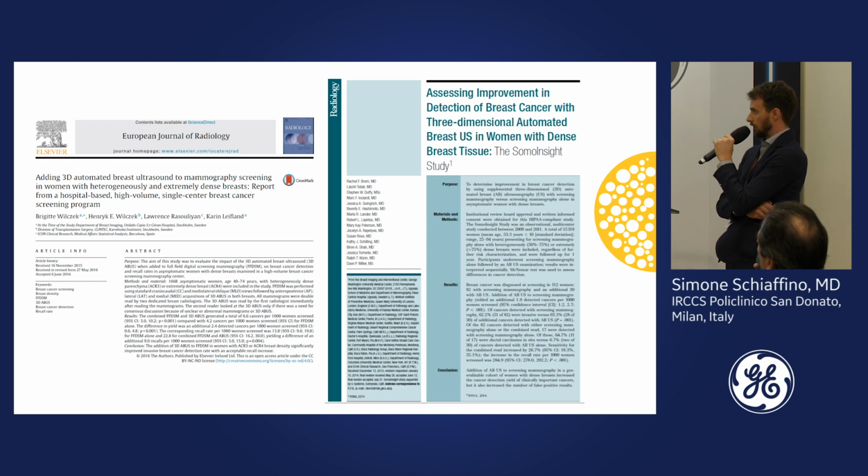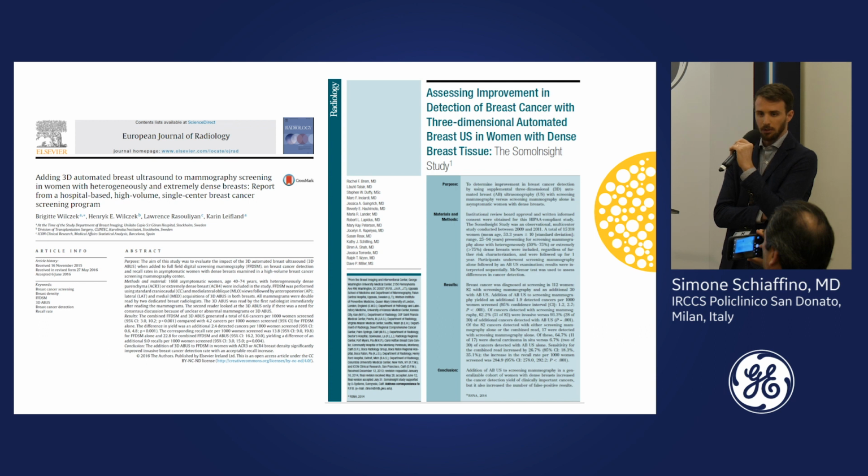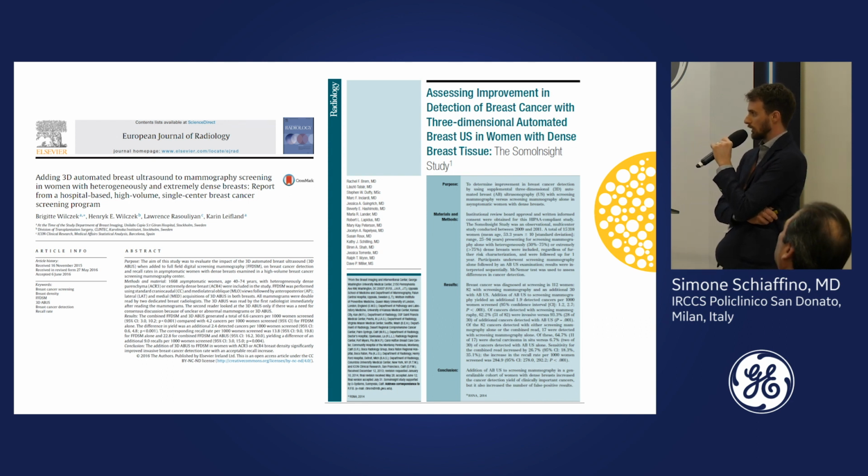They found an additional detected breast cancer rate of 2.4 per 1,000 women in the first one, with a very low recall rate, while the multicenter study found 1.9 more cancers per 1,000 women screened, with a huge additional recall rate.